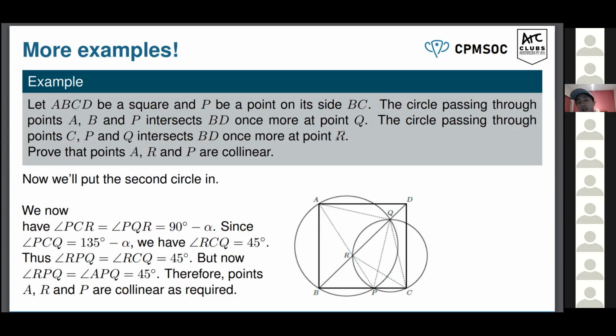So basically this question and the previous question showed that if you want to prove 3 points are collinear, it's very nice to prove that those 3 points with another point will make the same angle. So in this case, it's very nice to prove that RPQ is equal to APQ.